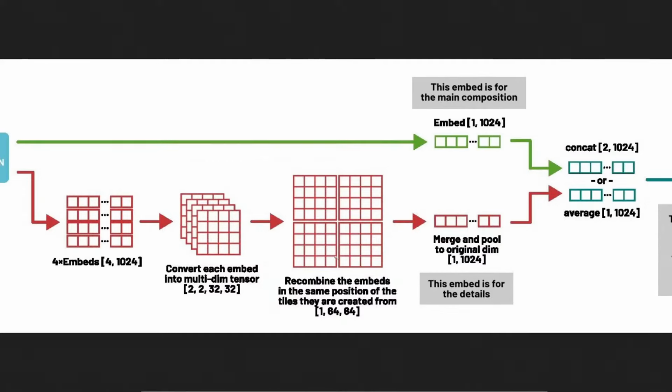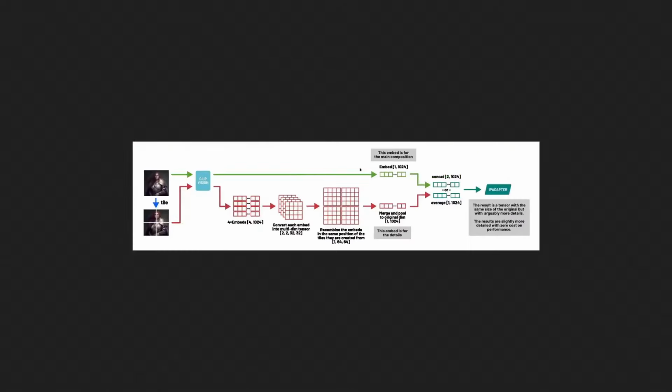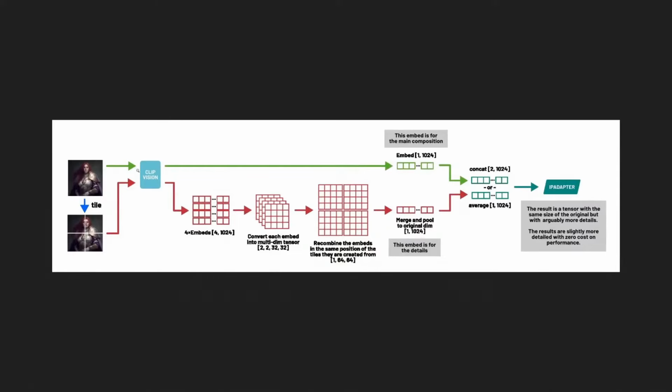At this point, with a series of techniques, I convert this recomposed image back into the original format that the IPAdapter can actually read, and I merge this new embed that contains all the details of all our tiles with the embeds of the whole image.